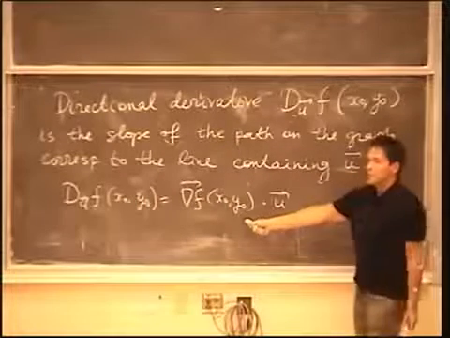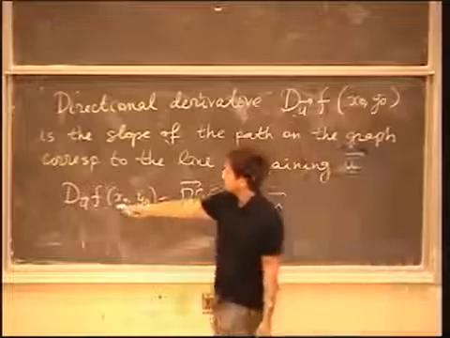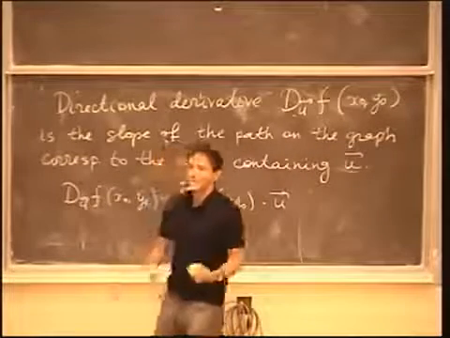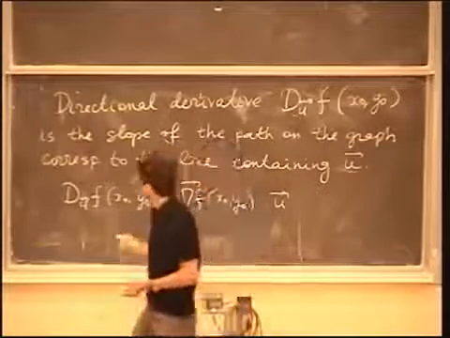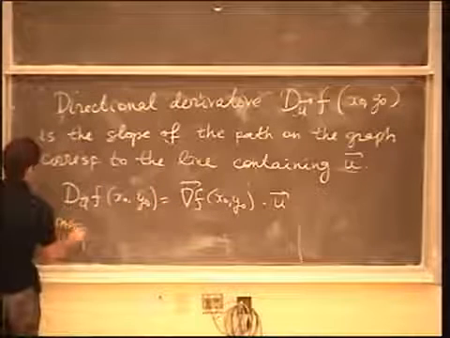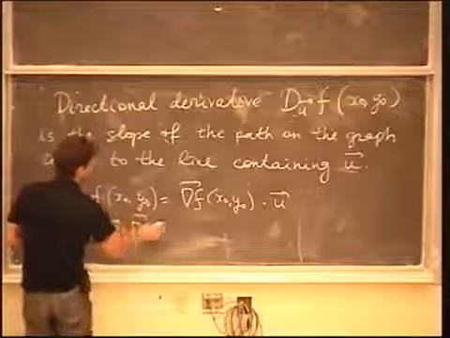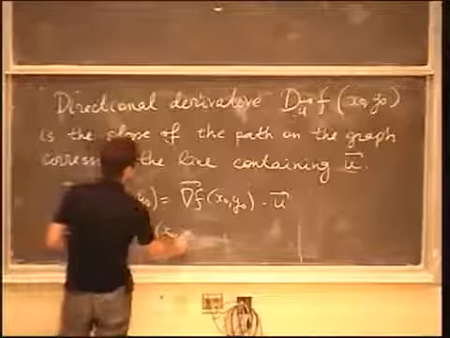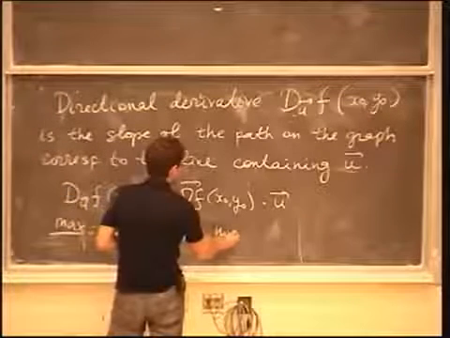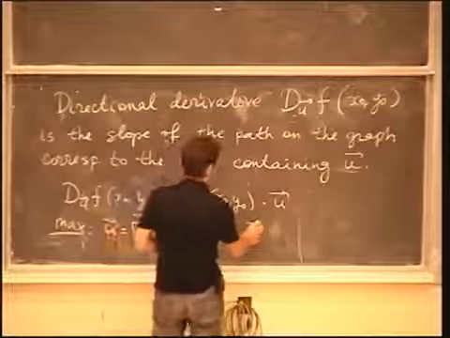And this formula tells us when this directional derivative takes some particular values. For example, the maximum value corresponds to u equal to nabla f, normalized. The minimum value is its opposite.